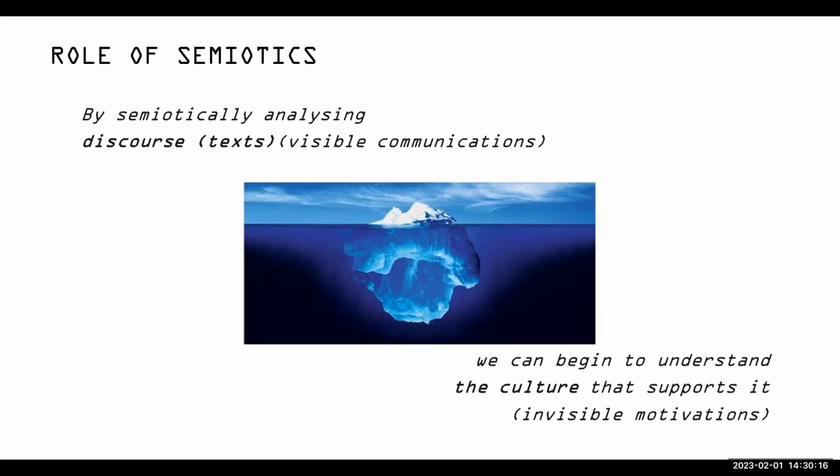In semiotics, we are trying to understand culture. So we do not talk to people. We look at the visual symbols around them. We look at the text around them, the literature, any kind of written or visual form, all the different things that create the meaning around it.